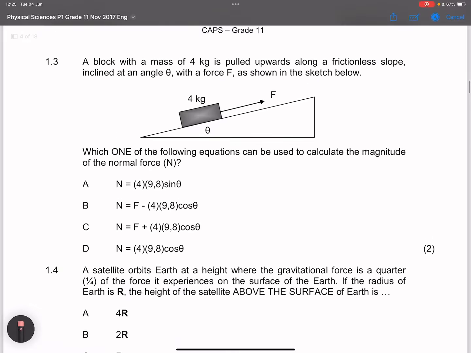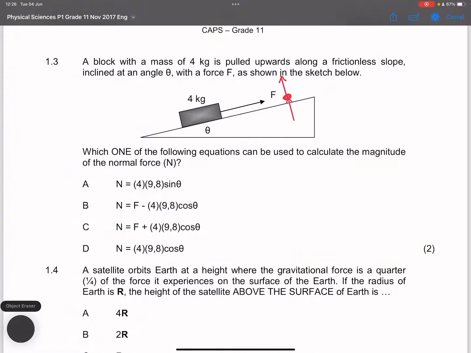They say a block of mass 4 kilograms is pulled upwards along a frictionless slope. Note frictionless, inclined at an angle theta, with a force F as shown in the sketch diagram. Now note in this case, they say which one of the following equations can be used to calculate the magnitude of the normal force. Remember, on an inclined plane, our normal force would be equal to the perpendicular component of gravity.